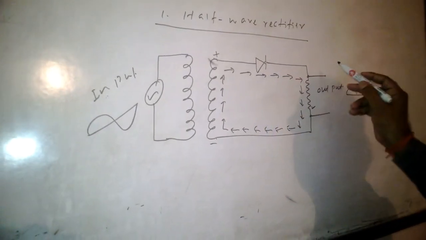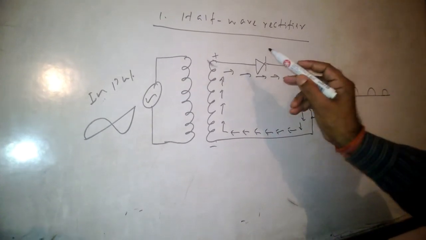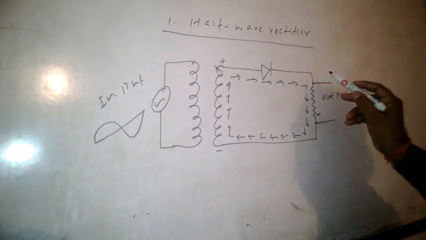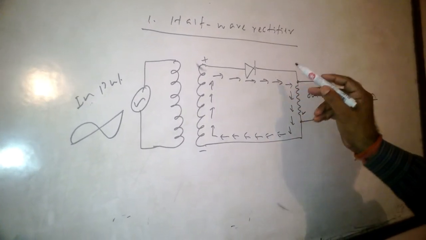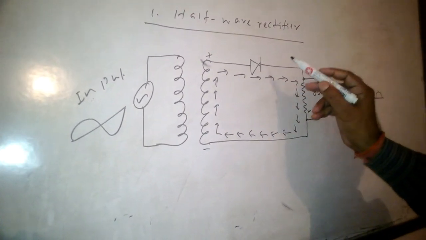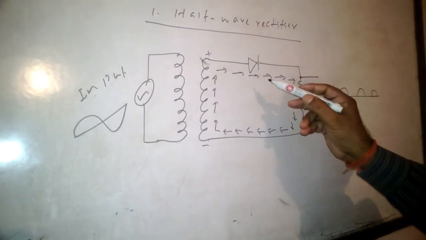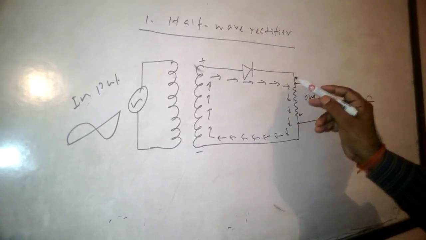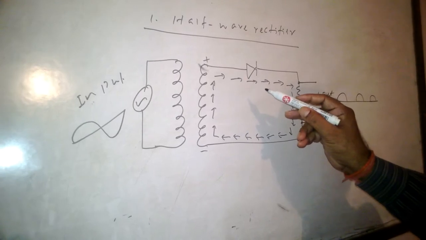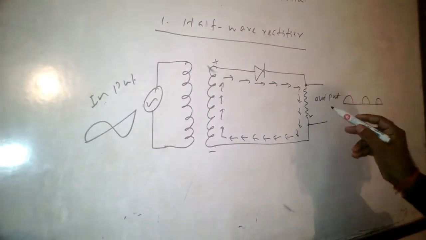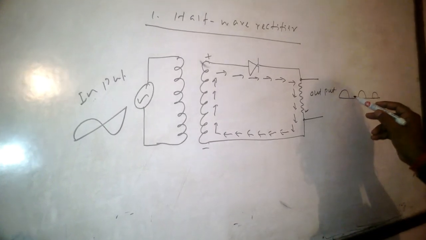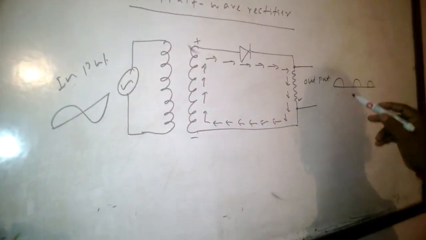It is noted that the diode conducts electricity only in the forward bias but behaves like an open switch or open circuit in the reverse bias. Therefore, in the negative half cycle, the diode does not conduct electricity and so the gap is provided as shown in the figure.